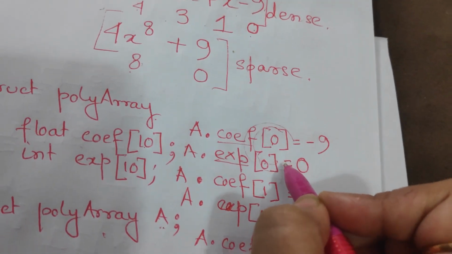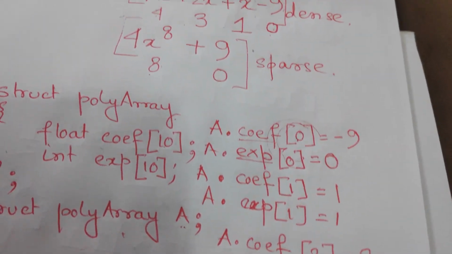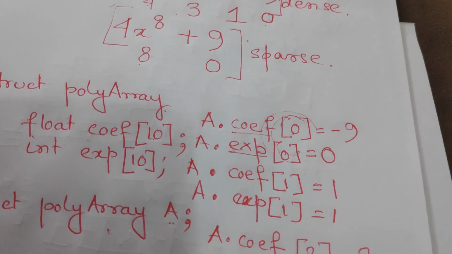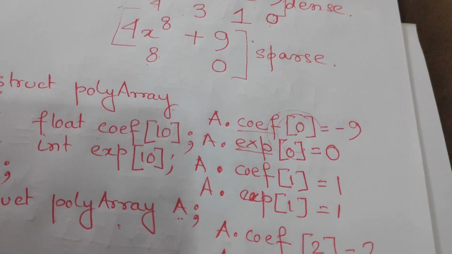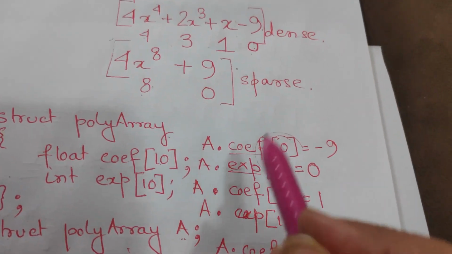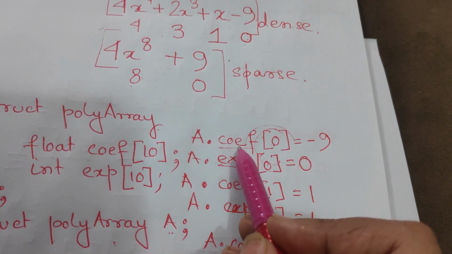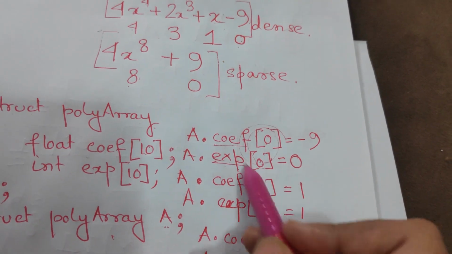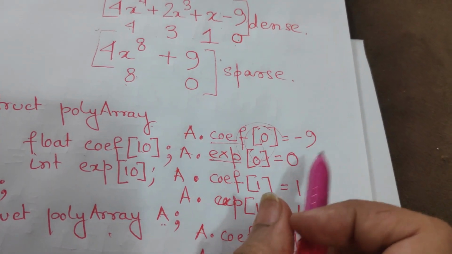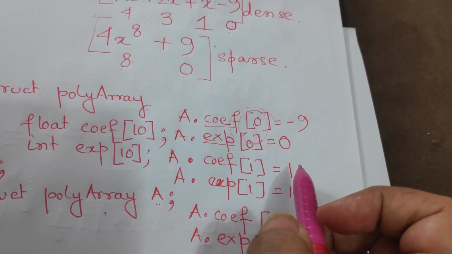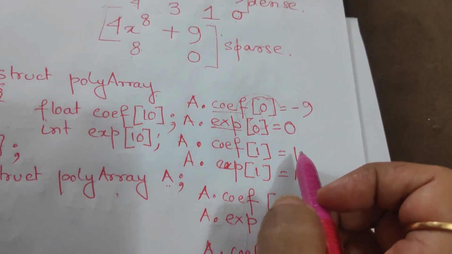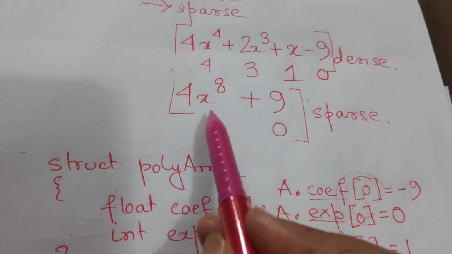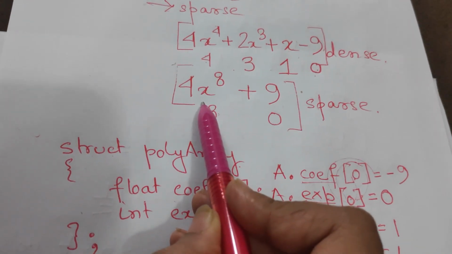It shouldn't happen that you represent the coefficient in one index and the exponent in the other index. In that way, you will lose the polynomial. So you have to represent both coef and exponent in the same index of the array. Then only you will be able to represent one term of the polynomial. Right? Now, let us come to the second example.